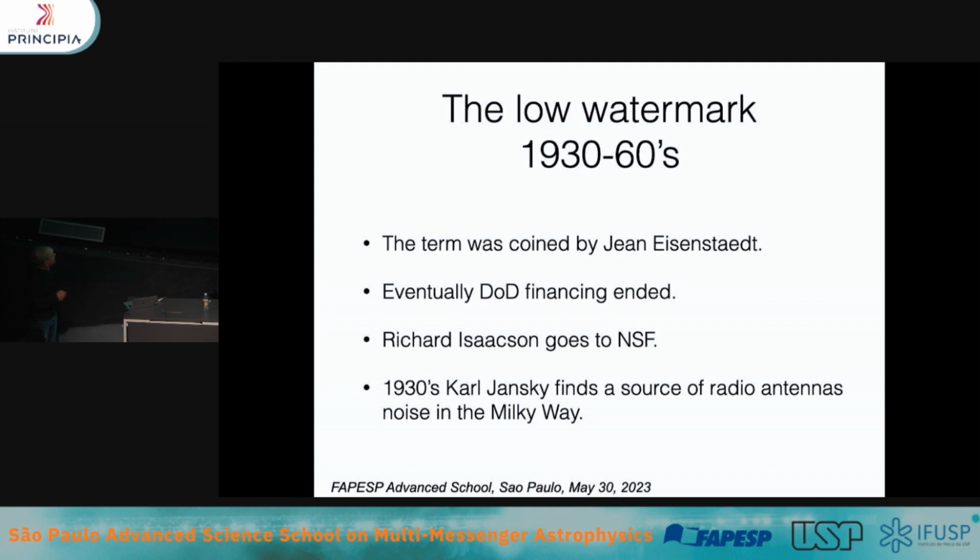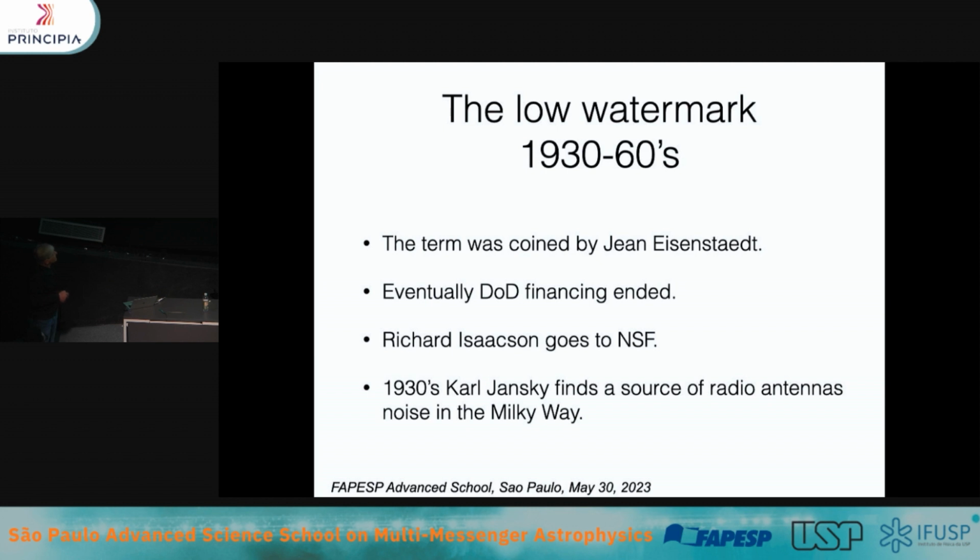So what is interesting is that Richard Isaacson, because he needed to leave the Air Force, went to work at NSF, where a program in gravitation got funded and started.